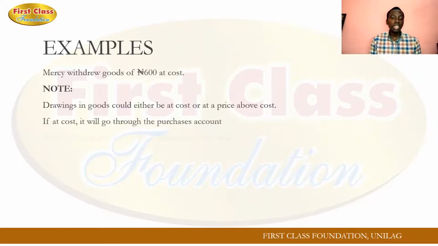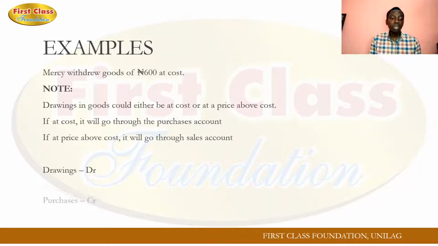So where the drawings is at cost, it will go through the purchases account, and where it is at a price above cost, it will go through the sales account. So in this case it is at cost, and so we are going to take it through the purchases account.